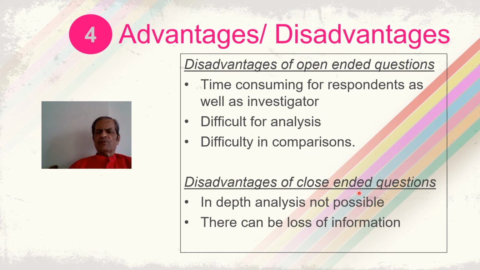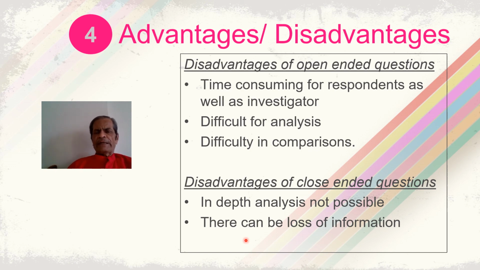The disadvantages of the closed-ended questions are that the in-depth analysis is not possible. The advantage is there with the open-ended questions, so that becomes the disadvantage with the closed-ended questions. There can be loss of information because we have got restricted options given in the questions for the responses. Suppose there are only 4 responses for the question and the respondent thinks that a 5th response is possible and the 5th response is his or her response as far as that particular question is concerned.